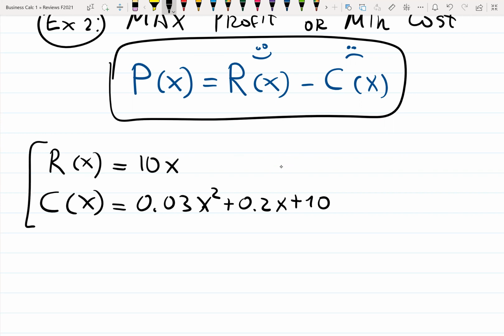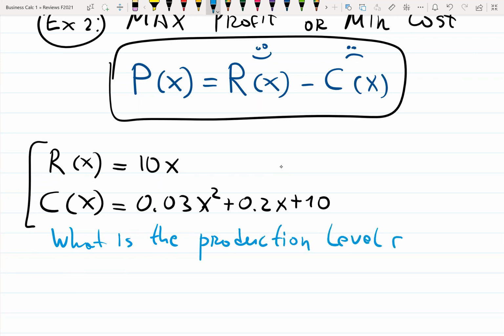But again, maximum one. So not just profit. Let me finish the way they say. What is the production level for the maximum profit? You saw it in your homework.